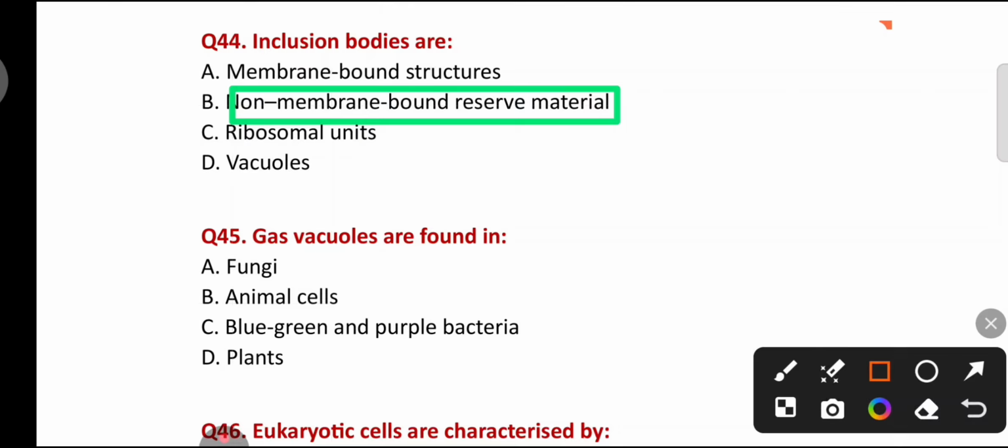Gas vacuoles are found in fungi, animal cells, blue-green and purple bacteria, plants. Blue-green and purple bacteria, and it helps in buoyancy.